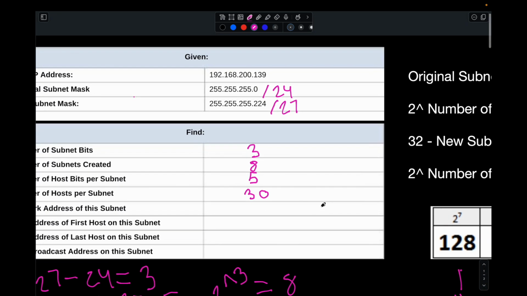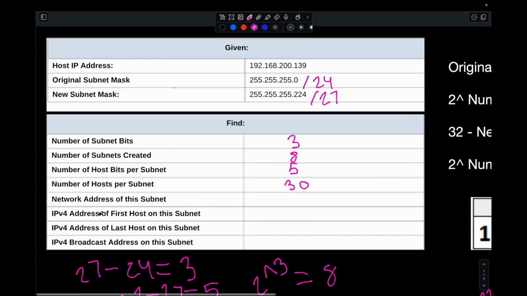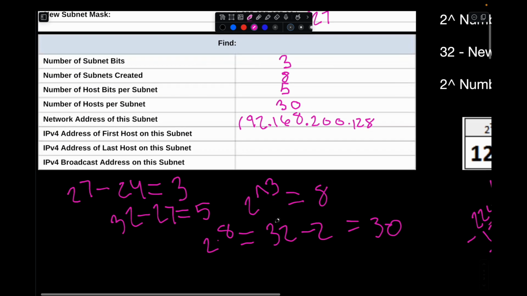So for our network address, it's going to be the beginning of our host IP address, which is 192.168.200.128. Now we're going to do our broadcast address next.